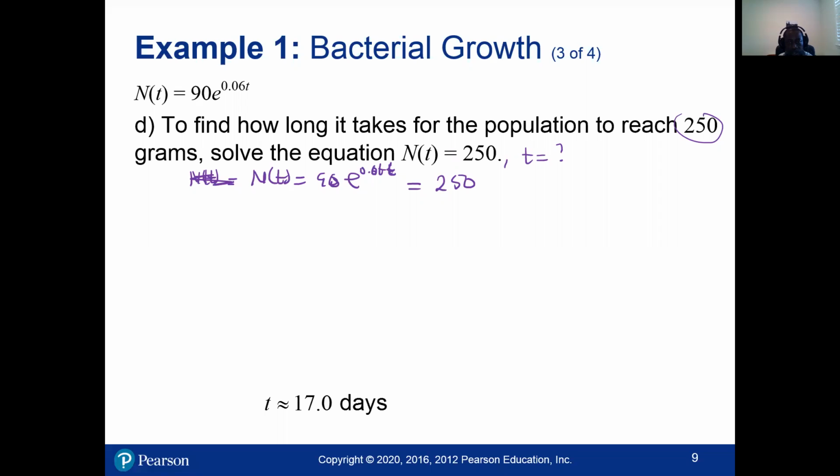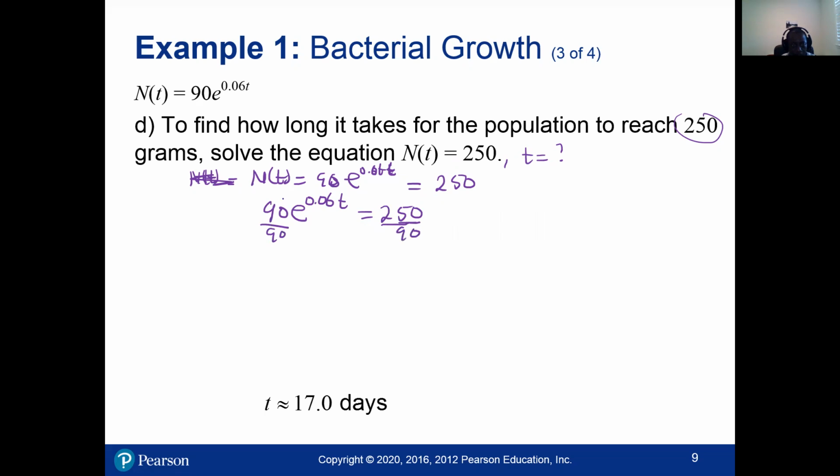So we want to find the time when the population reaches 250 grams. We set 90 e raised to 0.06 t equal to 250. Then we divide both sides by 90.